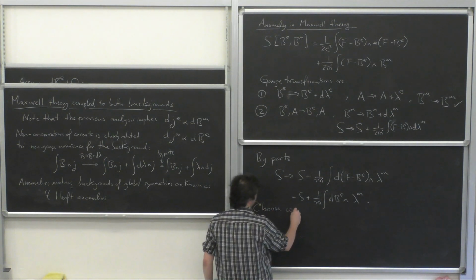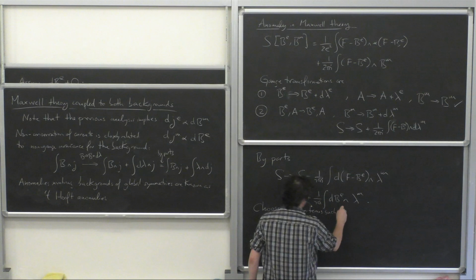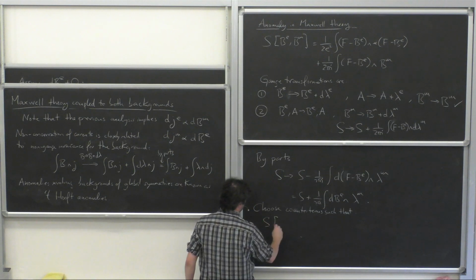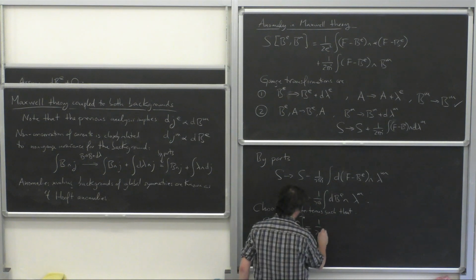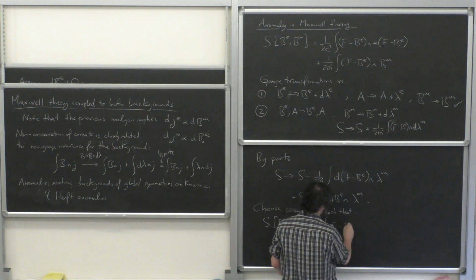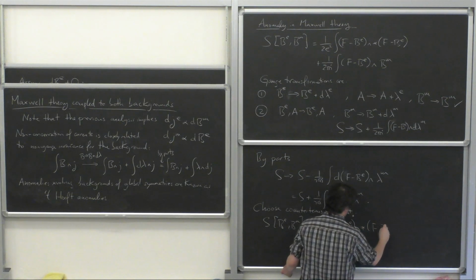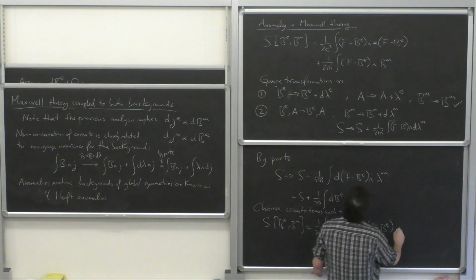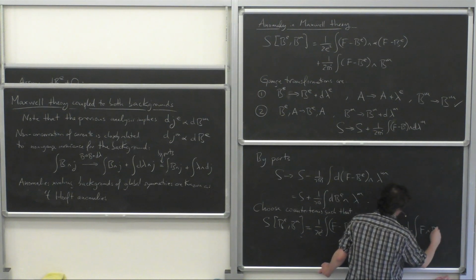Say the Maxwell action coupled to Be and Bm is the kinetic term, integral of F minus Be wedge star F minus Be, plus 1 over 2 pi i integral of F wedge Bm.